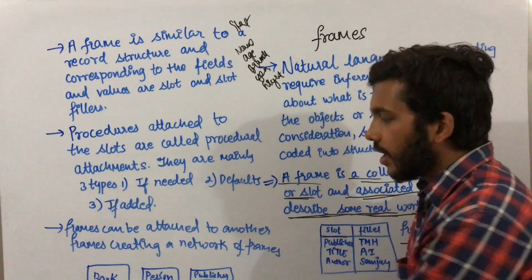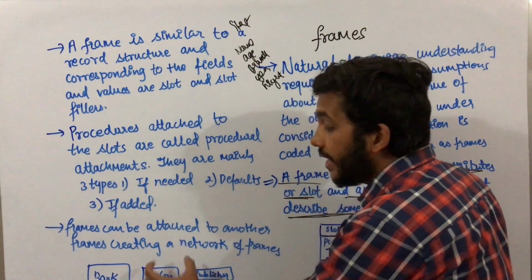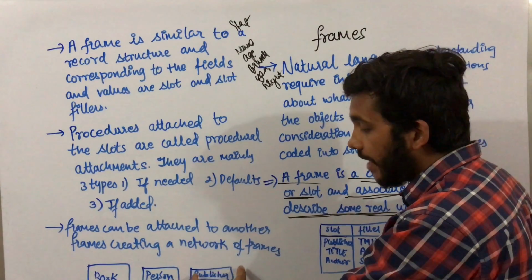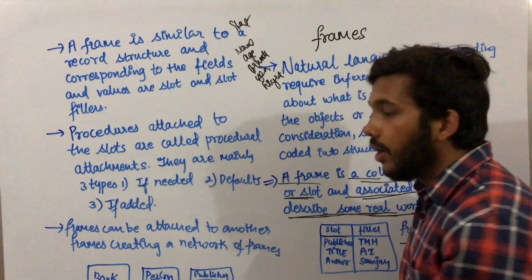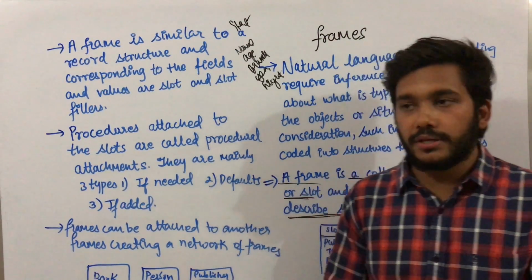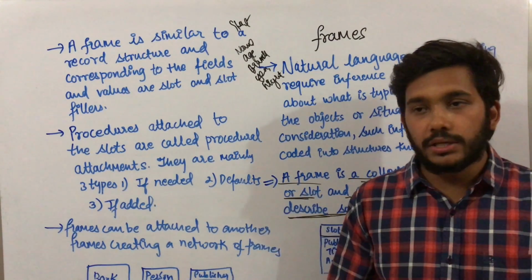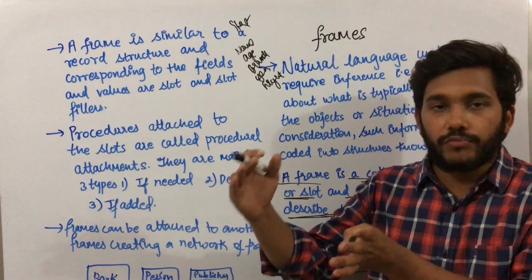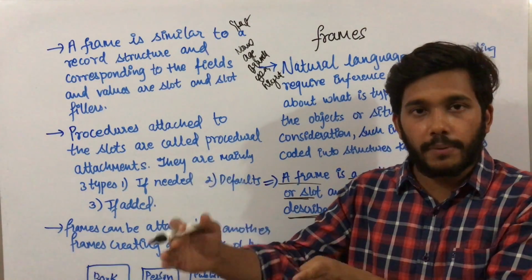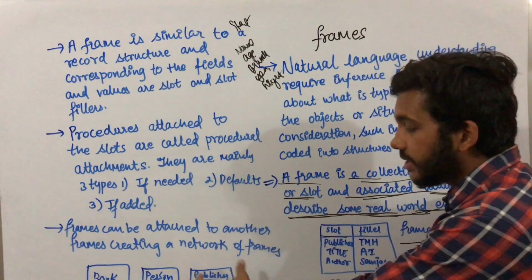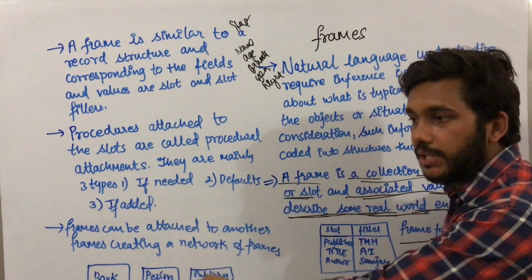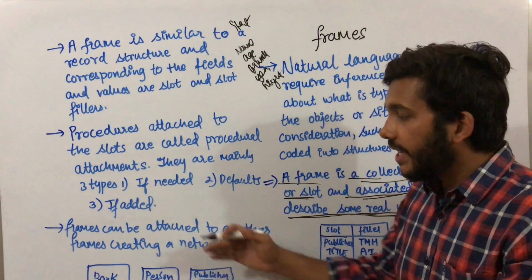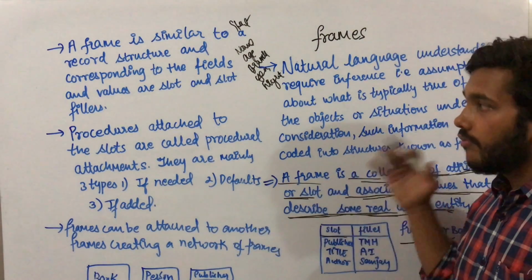For example, we can have a frame for a book, we can have a frame for a person like name, age, branch, year, height, and we can have a frame for publisher, like which type of books the publisher publishes, the age of the publisher, meaning for how many years the publisher has been publishing books, and which category of books that publisher publishes. So we can have different frames, and we can create a network between these frames.